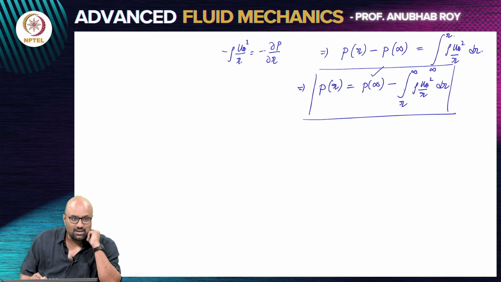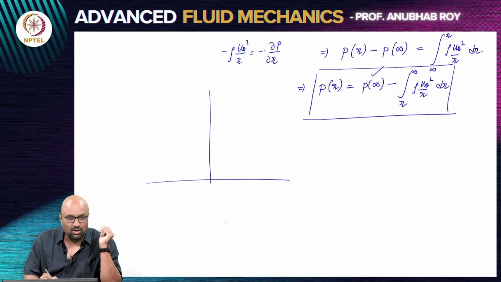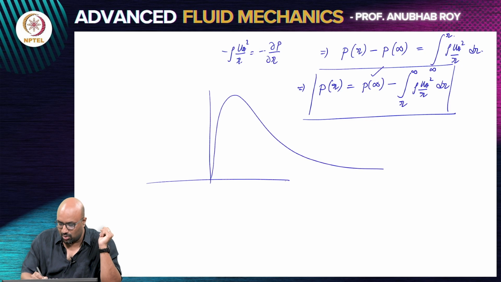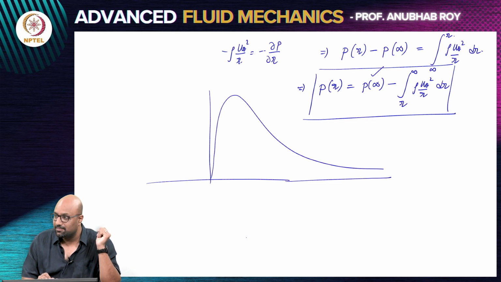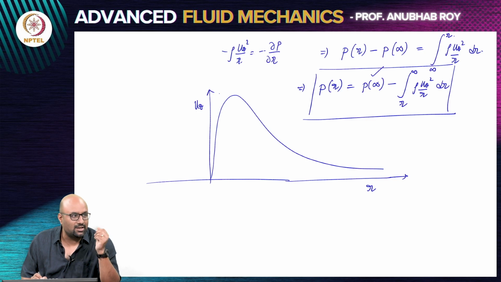The significance of this relation is, in a lot of cyclones or tornadoes, you have a velocity which is often known from some kinds of measurements. So, what I have drawn here is, let us say, the typical velocity of a cyclone like storm.